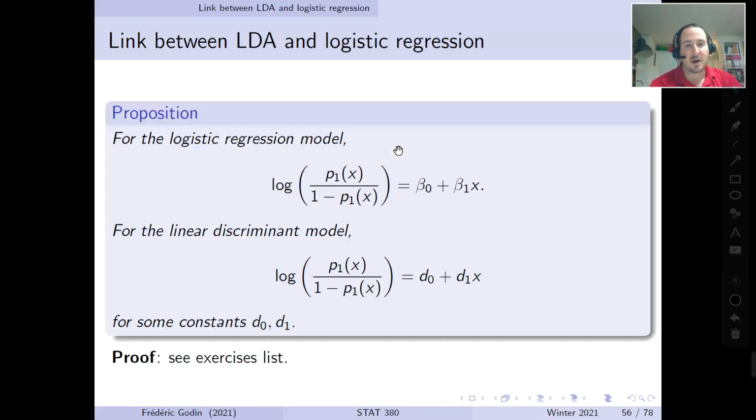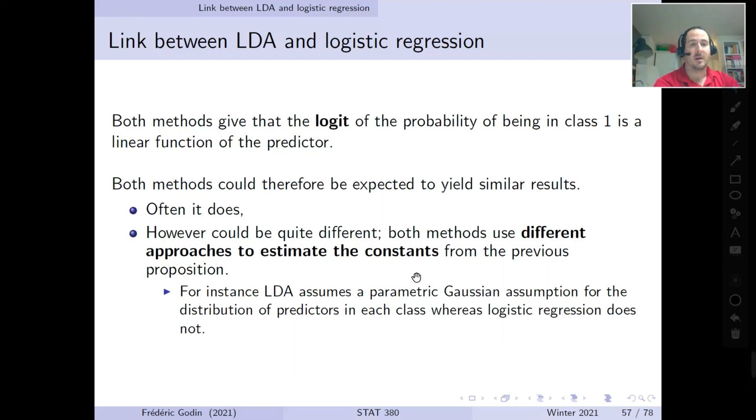It's because the constants beta 0 and beta 1 and d0 and d1 are different here, and different approaches were used to obtain them. The LDA approach relied on a Gaussian assumption of predictors, which is a pretty strong parametric assumption, whereas the logistic regression did not rely on such a stringent assumption.